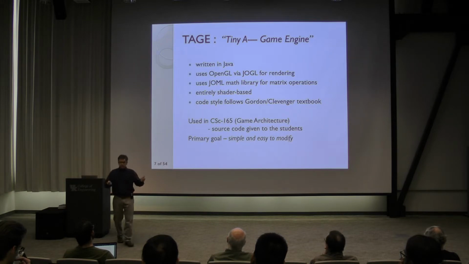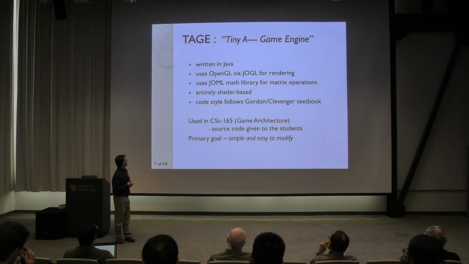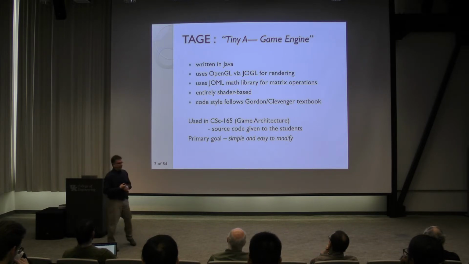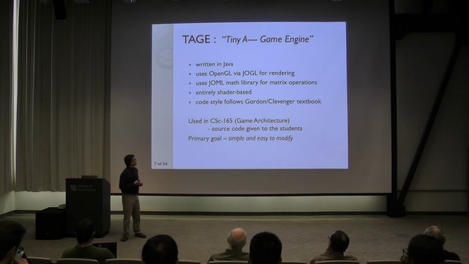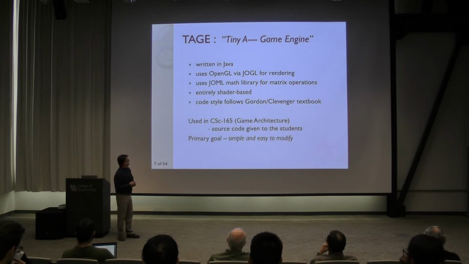If you have played some with OpenGL, it's entirely shader-based, nothing deprecated in it. It makes heavy use of a great library called JOML for doing math and matrix operations. It stands for Java OpenGL Math Library. In C++ there's a great library called GLM that you could use instead.